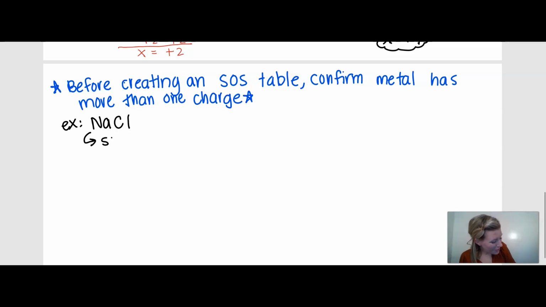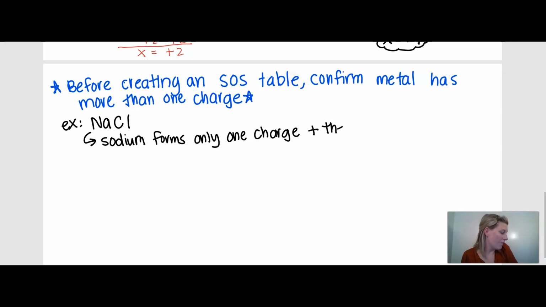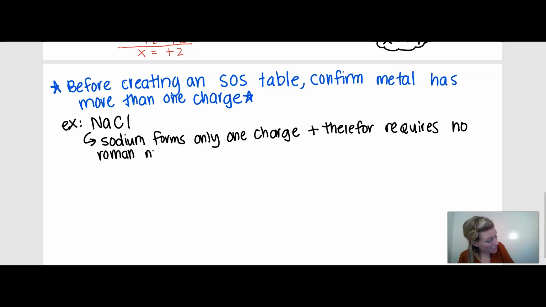So sodium forms only one charge, and therefore requires no Roman numeral. And if you name it with a Roman numeral, it's technically wrong. So the name of this would just be good old sodium chloride, okay?